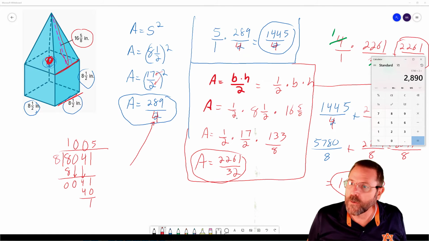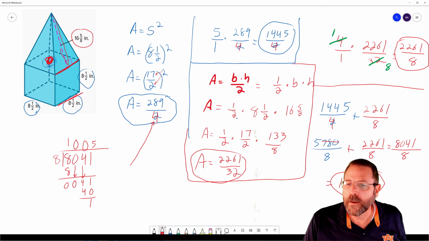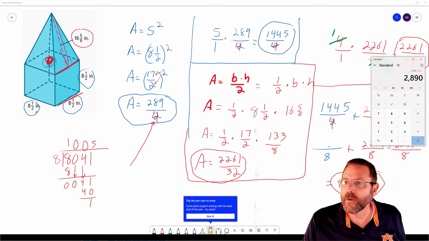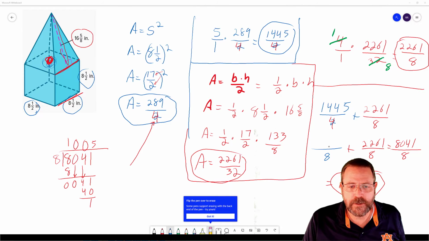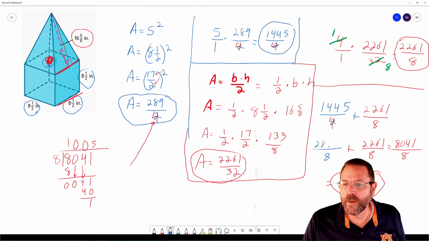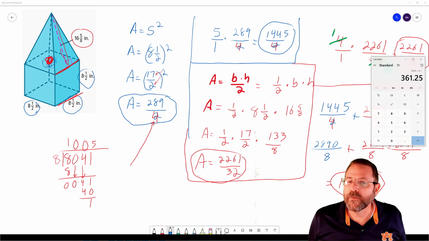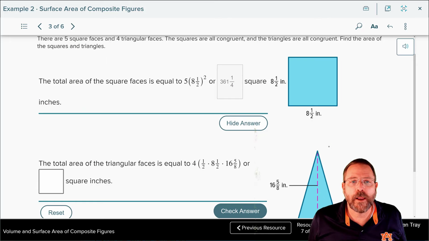5780 divided by 2 is now going to be, get rid of that, let's erase that and do it properly here. So I'm going to erase it, and it's going to be 2890. So now I'm going to put a 2890 in it. And if I divided 2890 by 8, then I'm going to get the same 361 1/4 that they got right here.